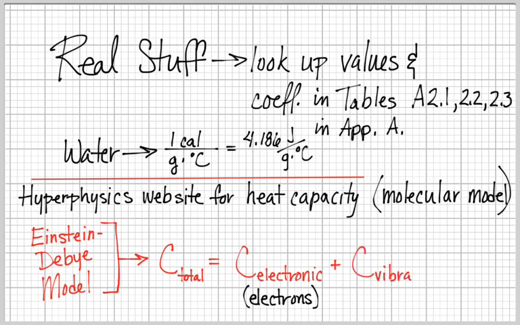And then we add to that the vibrational heat capacity changes, which are going to be the vibrations of the lattice of a crystal, which we would call phonons, or just the vibrations happening in a fluid. So if I have electronic contributions and vibrational contributions, collectively, they will contribute to the total heat capacity.